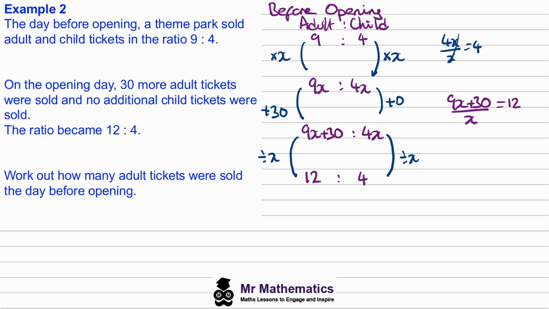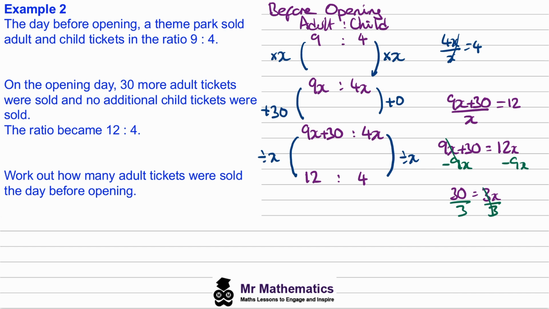So to solve this equation, we'll move this x to the right-hand side, and this will equal 12x. Then we'll take away 9x from both. These will cancel. So we've got 30 will equal 12x minus 9x. And then we'll divide both sides by 3.